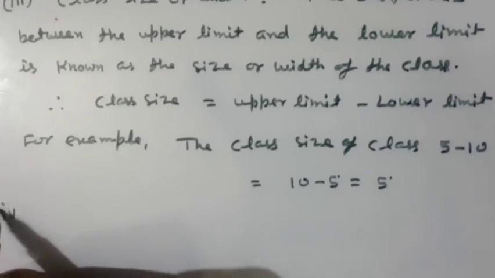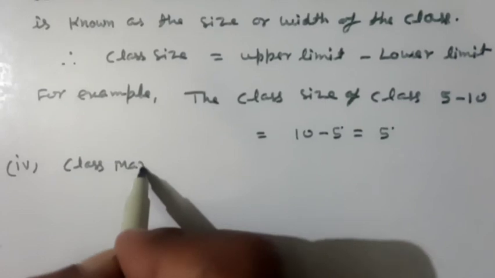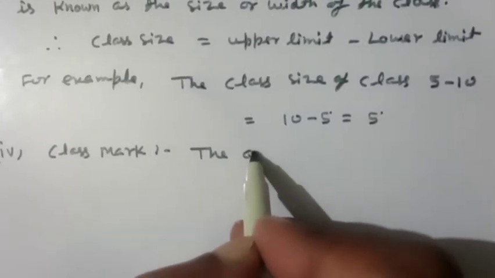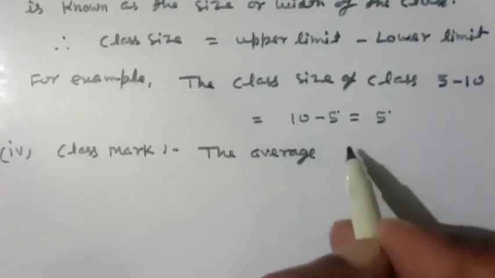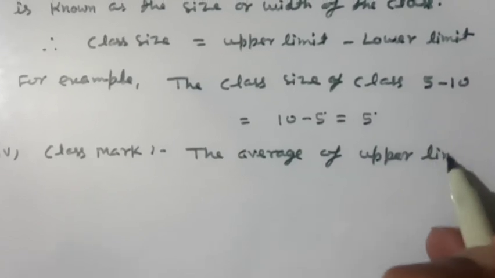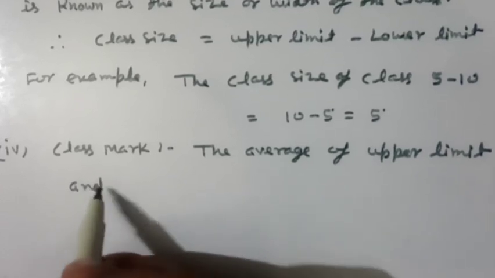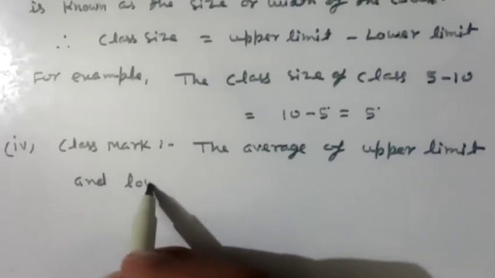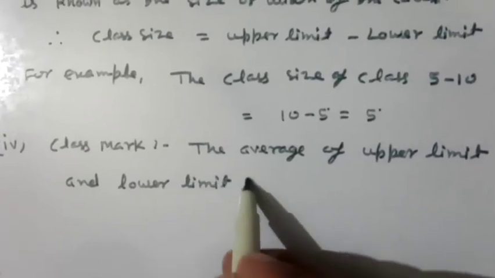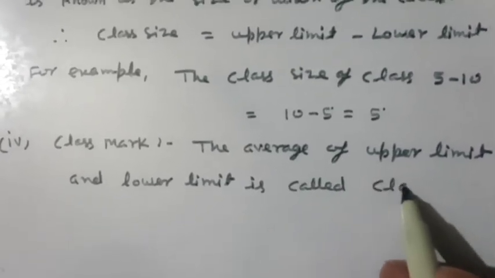Now number 4, class mark. The average of upper limit and lower limit is called class mark.